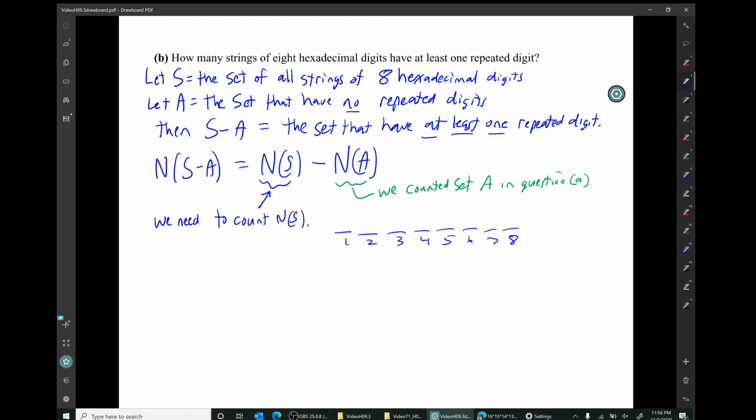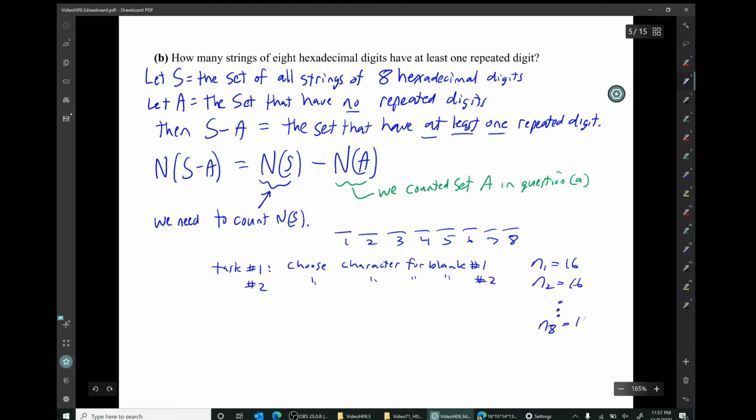So task 1 is to fill blank 1, task 2 is to fill blank 2, all the way down to task 8, which is to fill blank 8. So the total number of ways is just 16 raised to the 8th power.